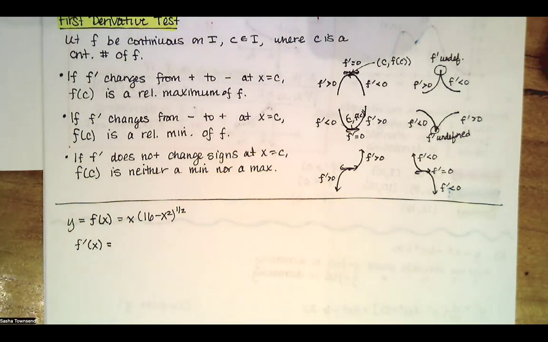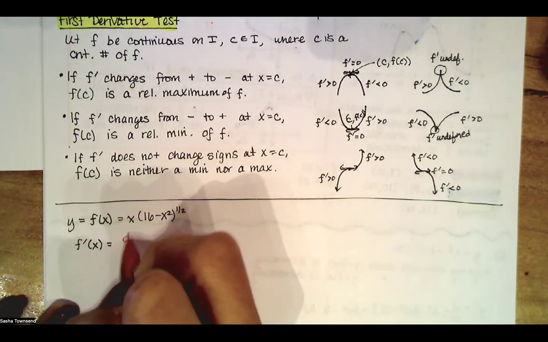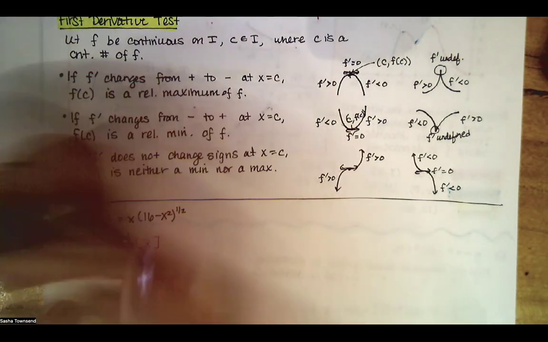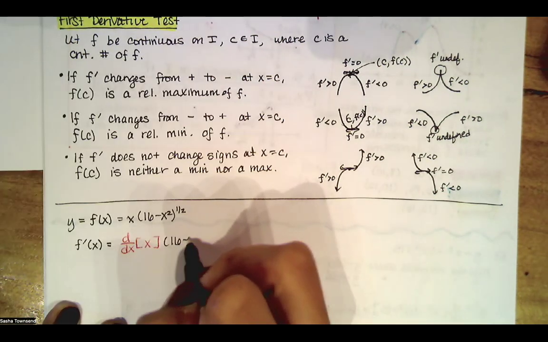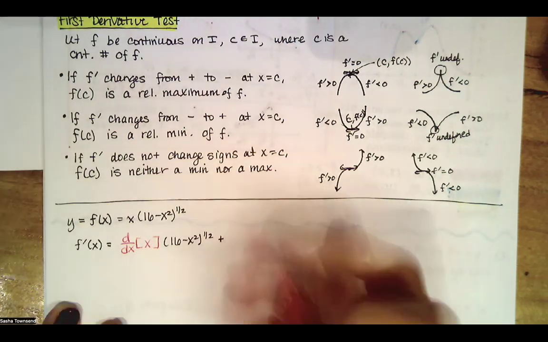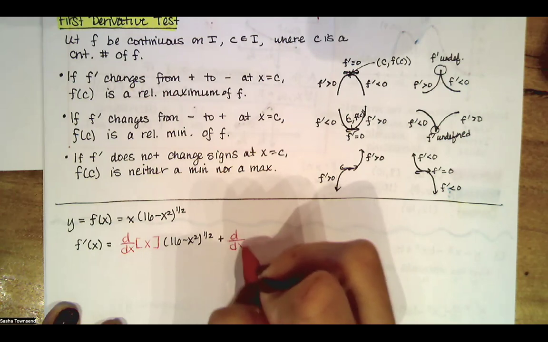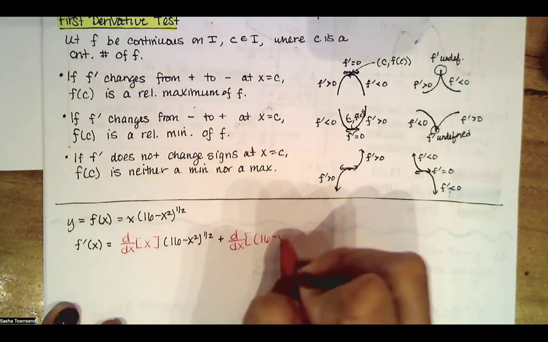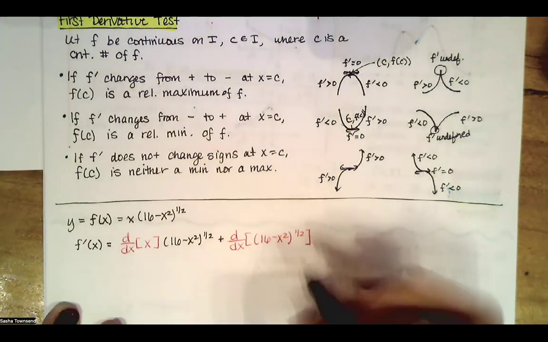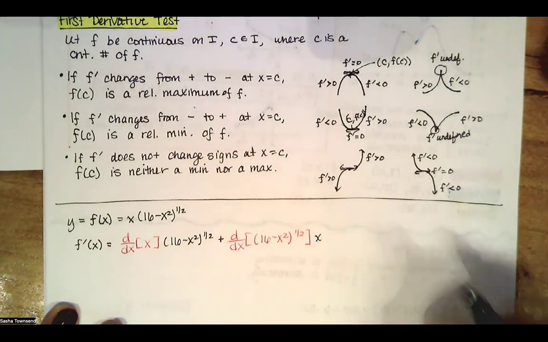The product rule says the derivative of a product is the derivative of the first function times the second, undifferentiated, plus the derivative of the second function, differentiated, excuse me, times the first undifferentiated.